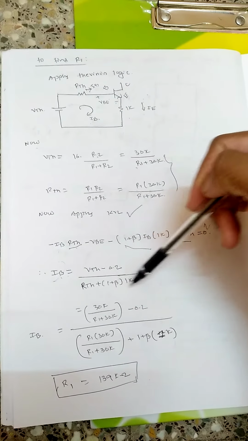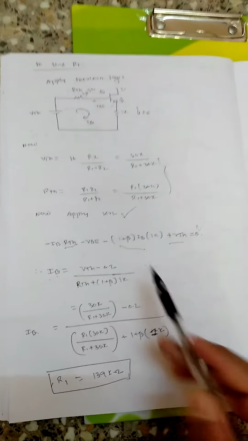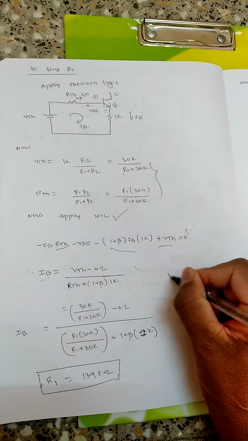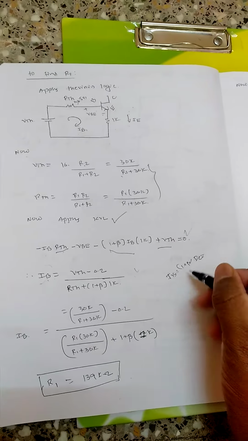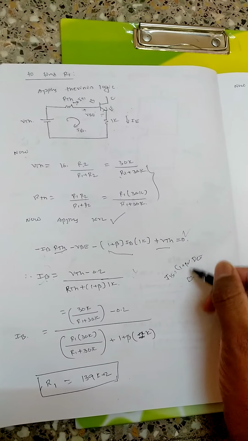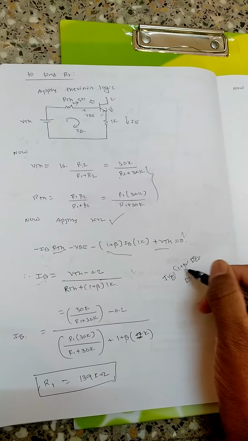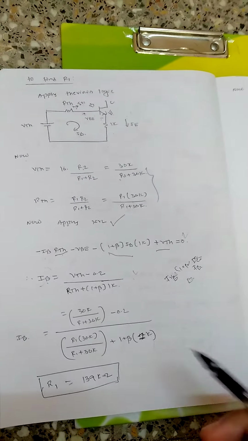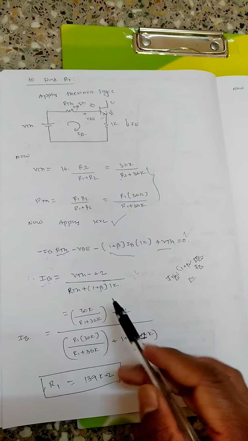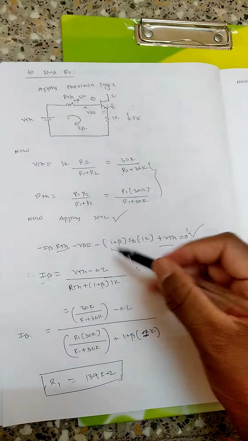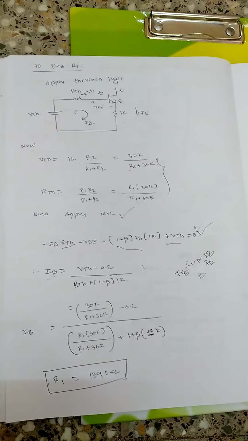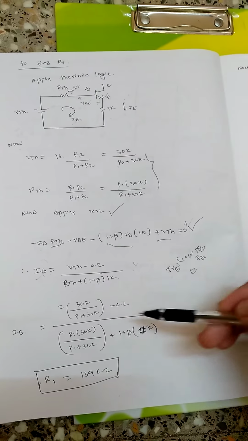For 1K we multiply with 1 plus beta, because we know the relation IE equal to 1 plus beta into IB. That's why I need to multiply with 1 plus beta, or else we can generally use this equation and rearrange the terms to find IB.